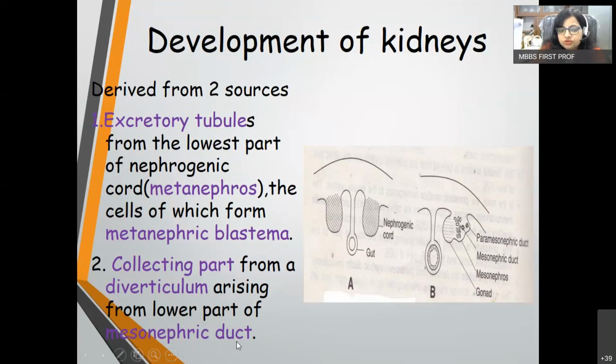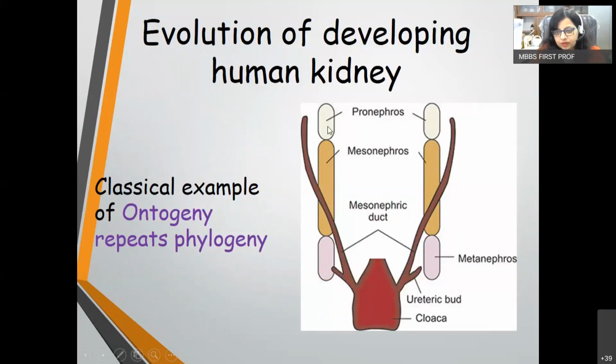See, this mesonephric duct is there. It is in this manner that from the cervical to the sacral region, pronephros, mesonephros, and metanephros is there. And these two are the mesonephric ducts opening into the cloaca. Before entering the cloaca, this mesonephric duct gives out a bud. That bud is known as ureteric bud.